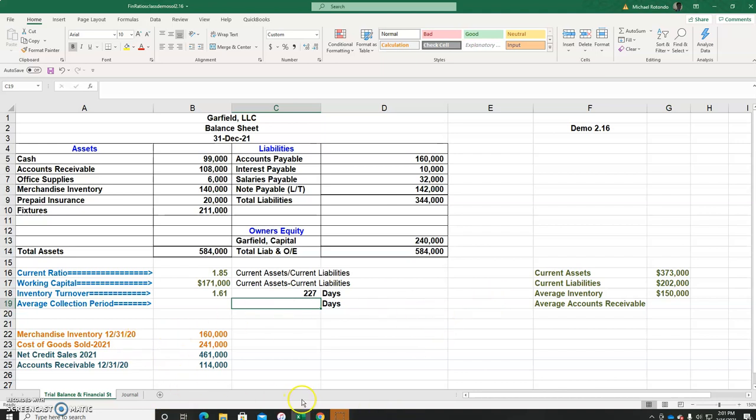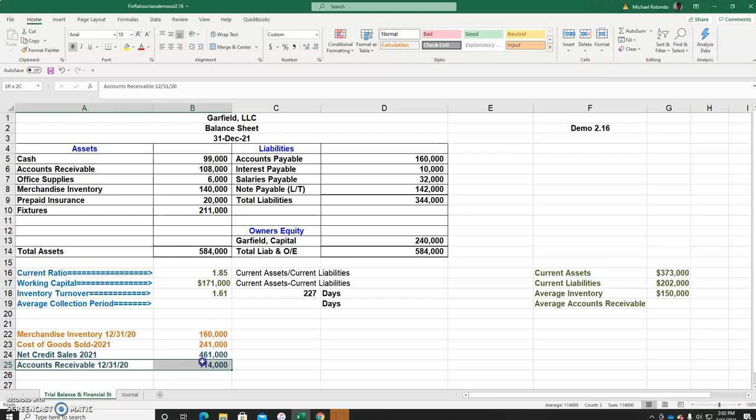So most of their sales, we could assume, are credit sales. We don't really know, but we need to get our average accounts receivable in order to determine our average collection period. So again, we take the beginning, which was $114,000.